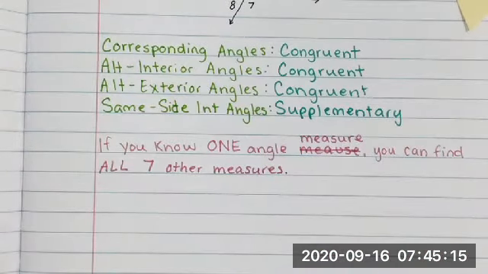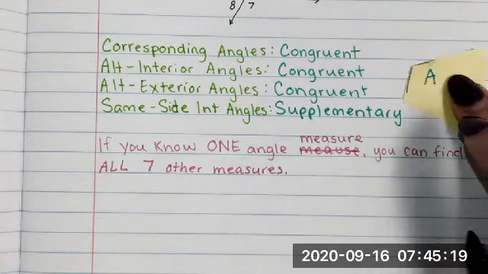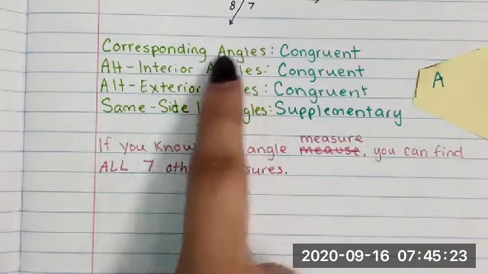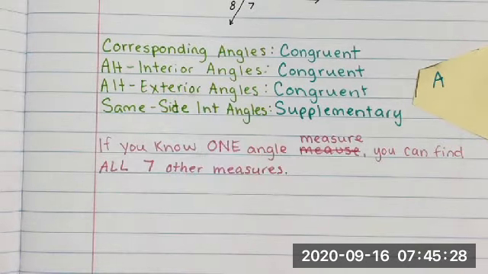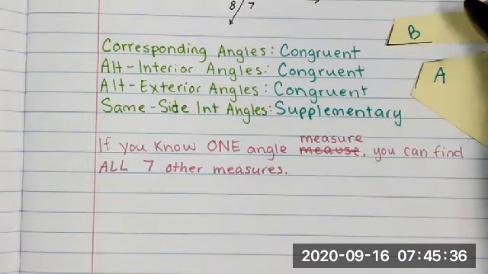And it makes sense because, for example, if I know angle A is 120 degrees, then all other corresponding, alternate interior, and alternate exterior angles are also 120 degrees. And then if I do 120 subtracted from 180, I would find out that B is 60 degrees.